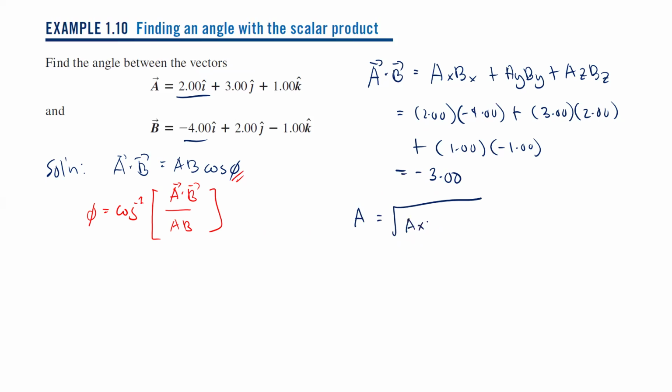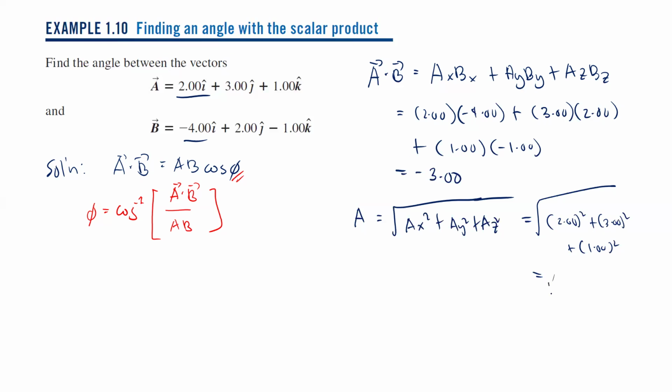Okay. So to get A, it is just equal to the square root of AX squared plus AY squared plus AZ squared. So 2.00 squared plus 3.00 squared plus 1.00 squared. So square root of 2 squared plus 3 squared plus 1 squared.